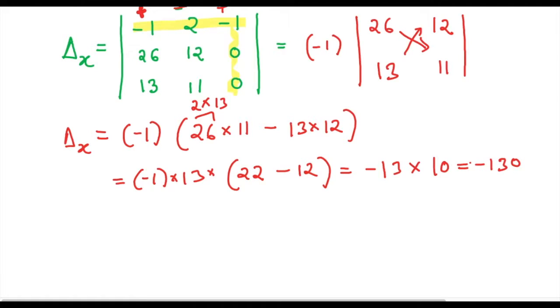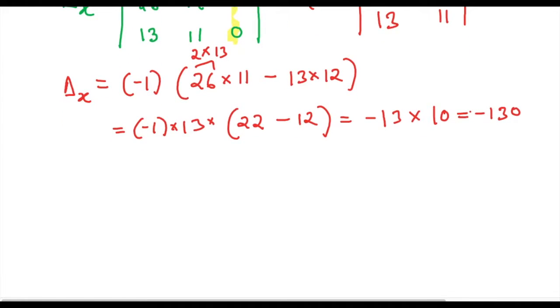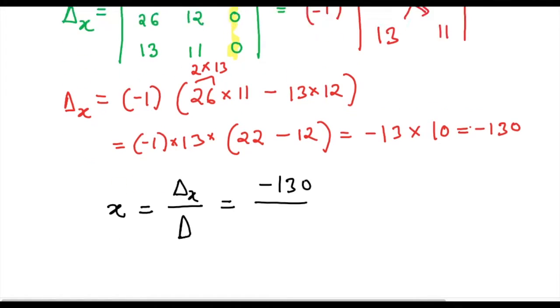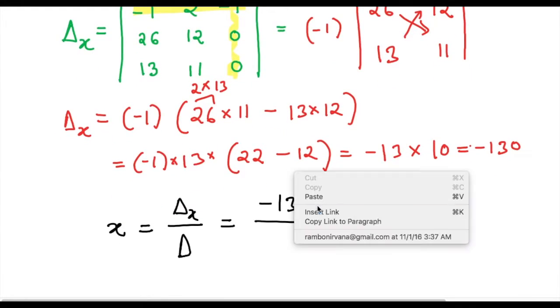So the value of x will be del x upon del, and here del x is minus 130, and del is 5.